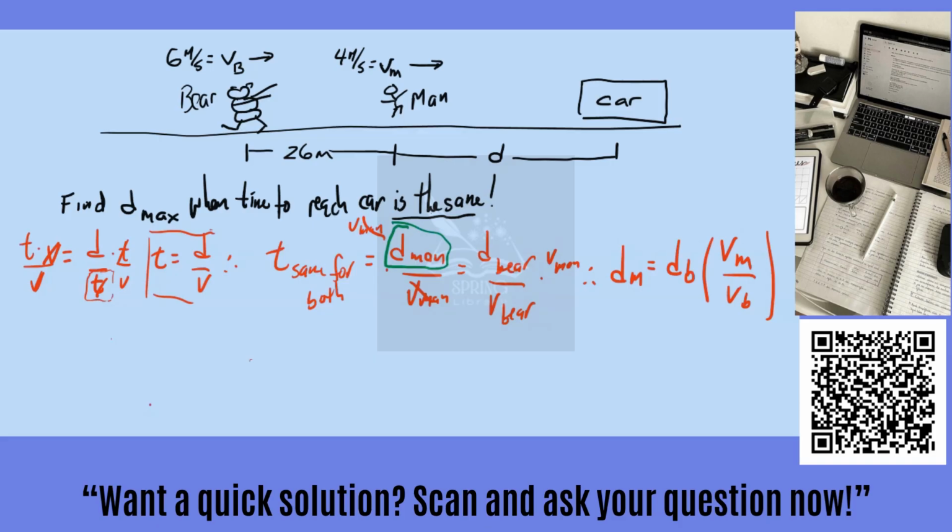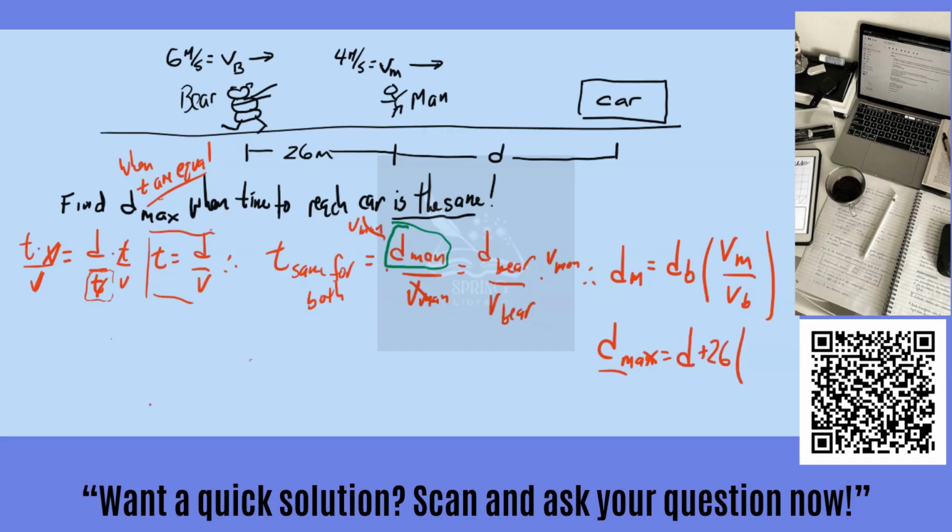So what is the distance of the man? That is d max, because they have the same time. Okay, so d max is when time are equal. The distance of the bear is going to be equal to d plus 26.